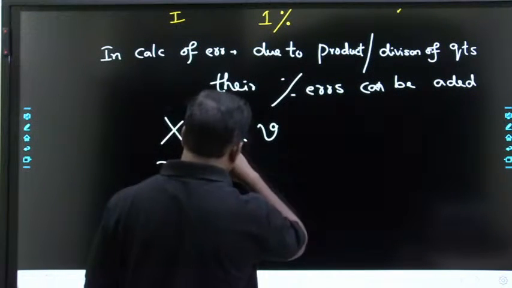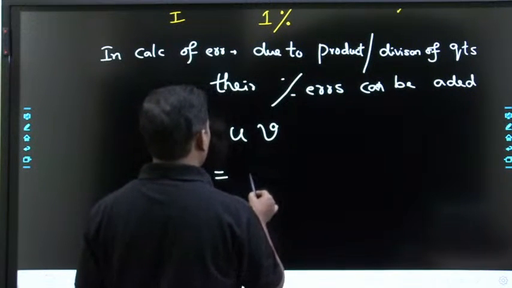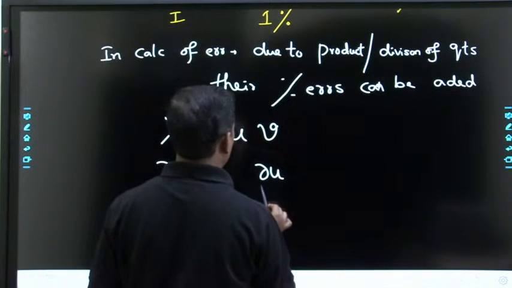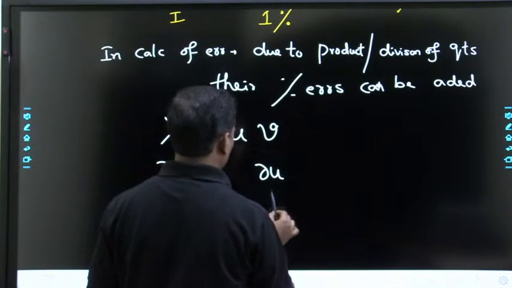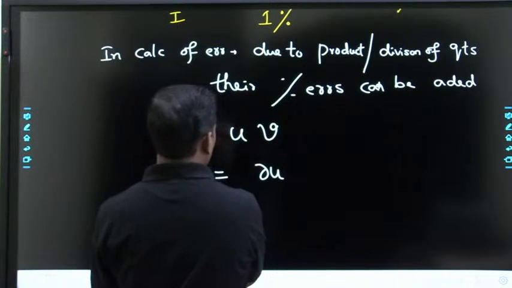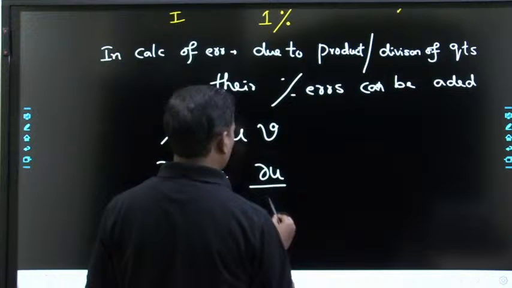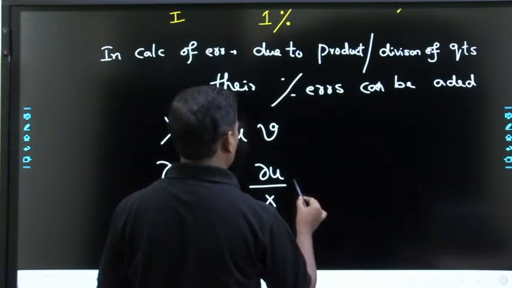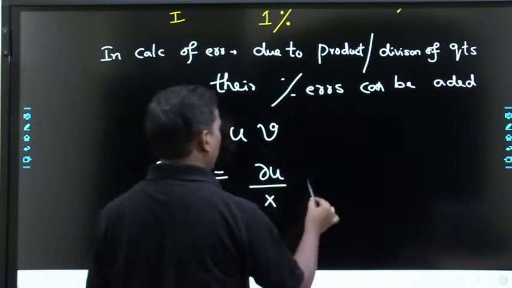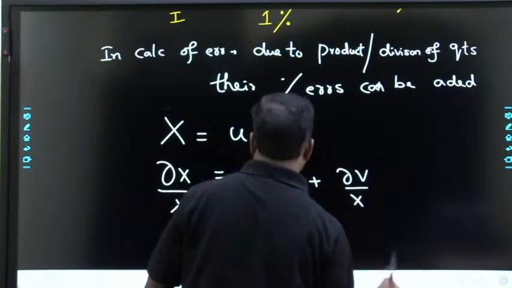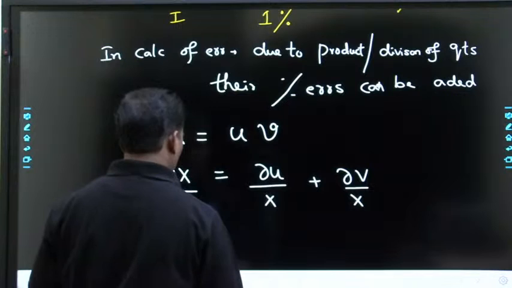So first you will be doing with u, so that will be dou u by dou x, keeping v as constant. Next it will be v dou v by dou x.